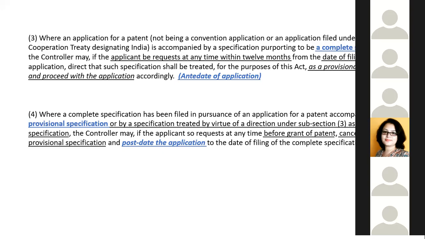Then the date on which the complete specification was filed will be the first date of the new provisional specification, right? Correct. The day you filed the complete specification comes to be your provisional date. That is your filing date.